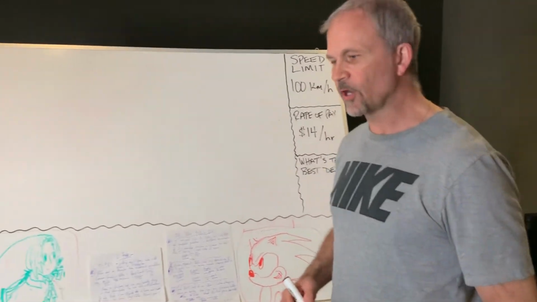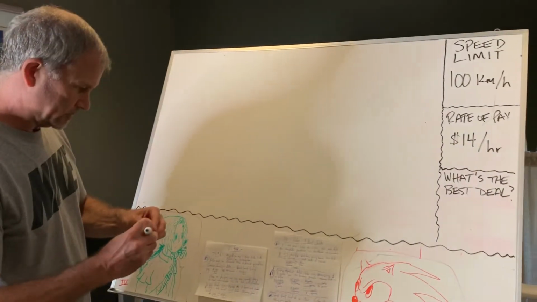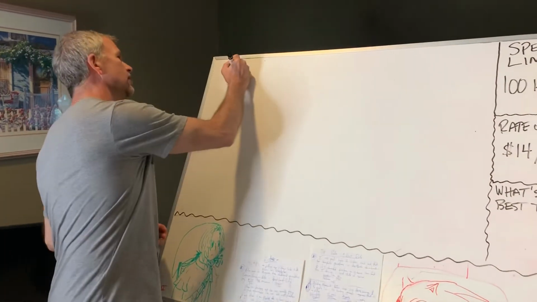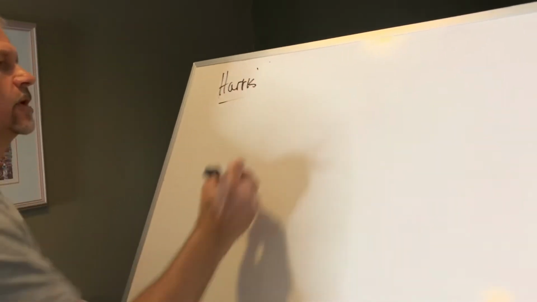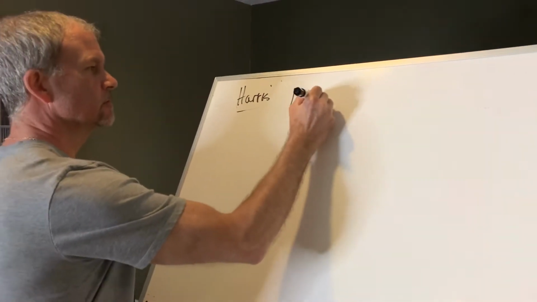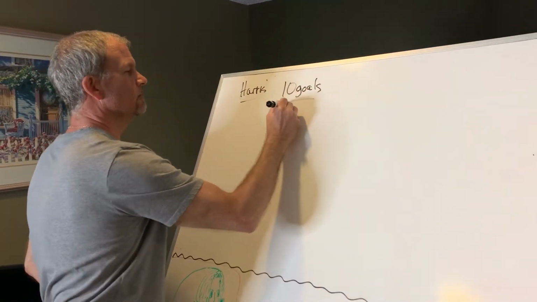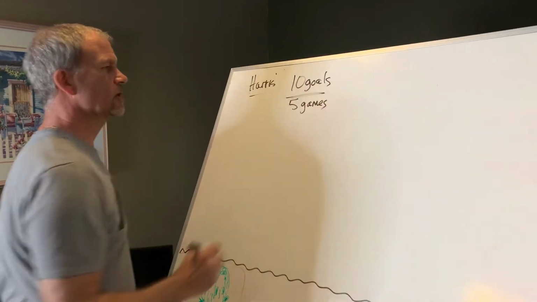So let's have a look. I'm going to start over here. If Harris, our hockey player, scores, let's say, 10 goals in 5 games. Notice I put it like a fraction. You don't have to.